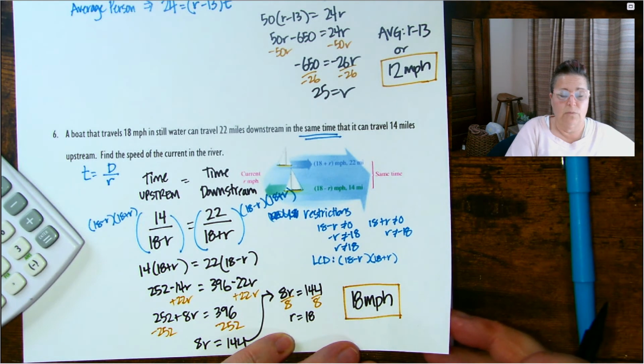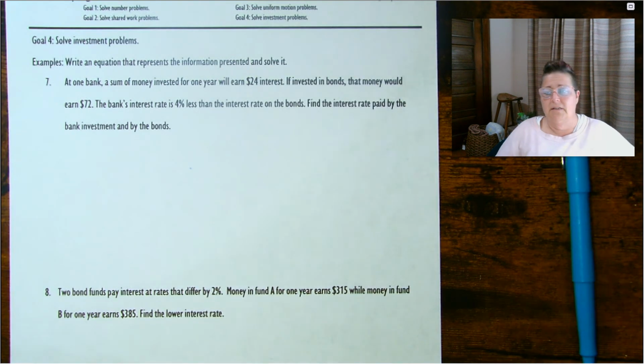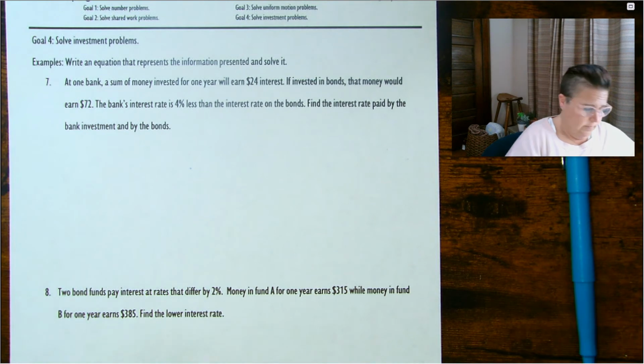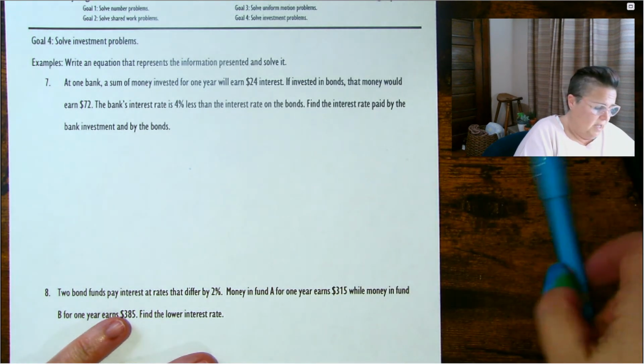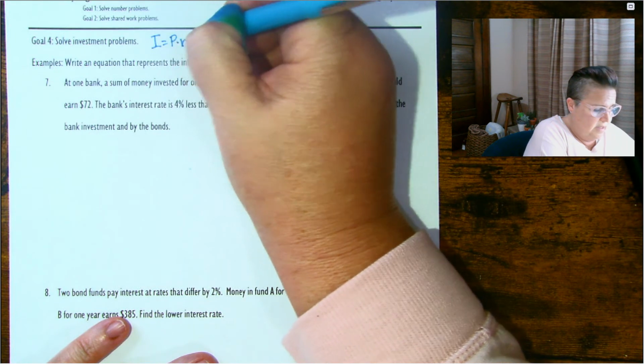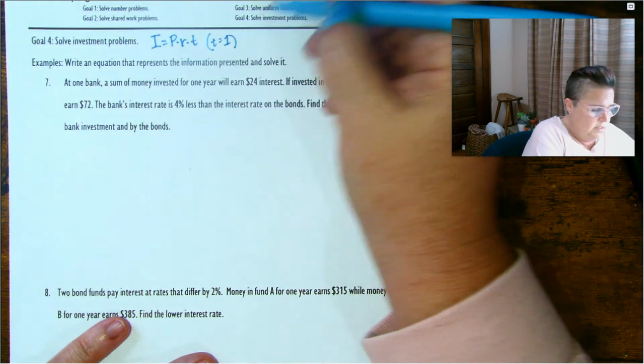Okay, great. One more, and it's all about the money, honey. We're going to solve some investment problems. We're going to talk about how much the money is worth. We're going to be using I is equal to principal times rate times time. But for this, t is always going to equal 1.